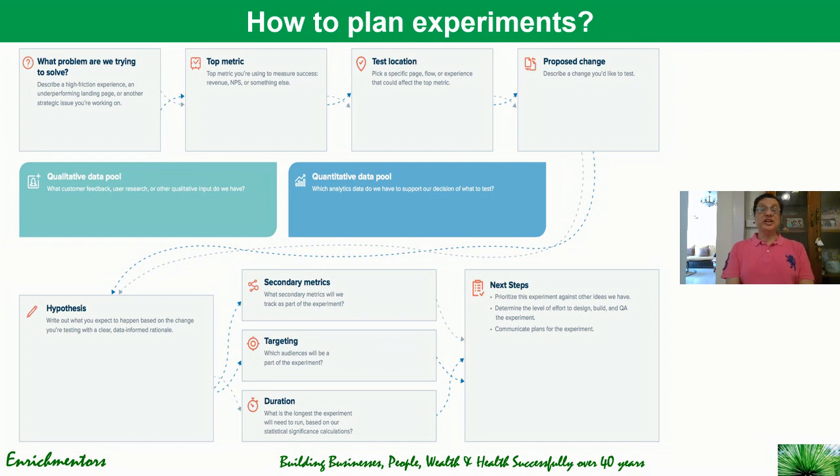Based on the proposed change, you look at the hypothesis: what factors would determine that output change, and what secondary metrics you need. Then you set certain target levels, either in isolation in a controlled way or in combination, and you run the experiments. So based on your knowledge of the top metric you want to change, from where to what, and which inputs drive it at what levels you are going to test, you then run the experiment.